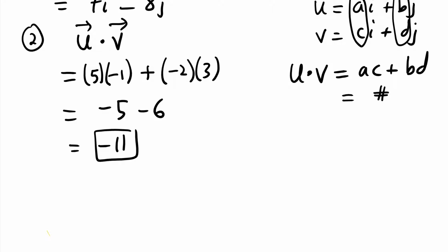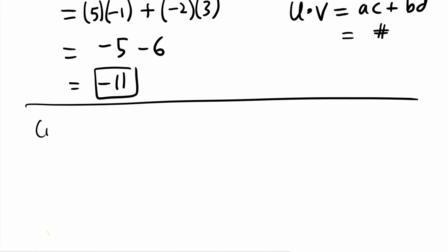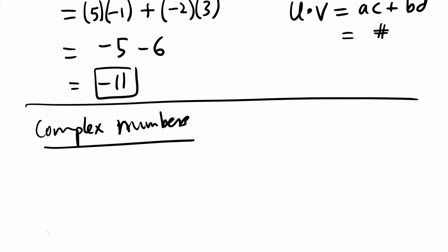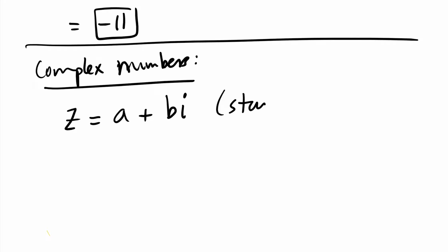Next, let's talk a little bit about complex numbers and how we apply them. In complex numbers, a plus bi is called the standard form of a complex number.